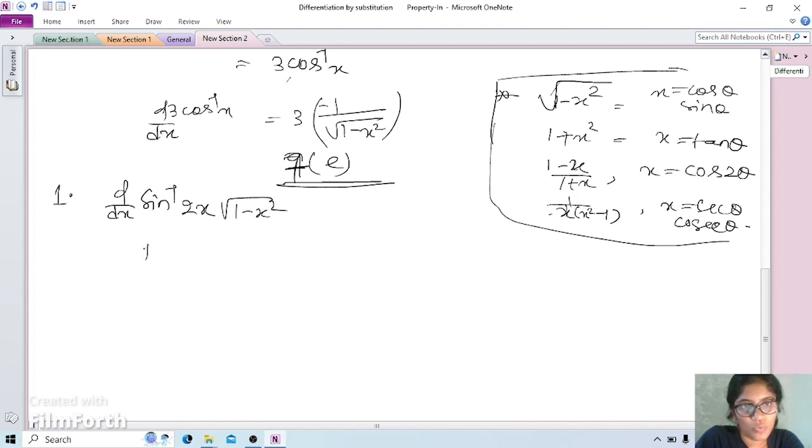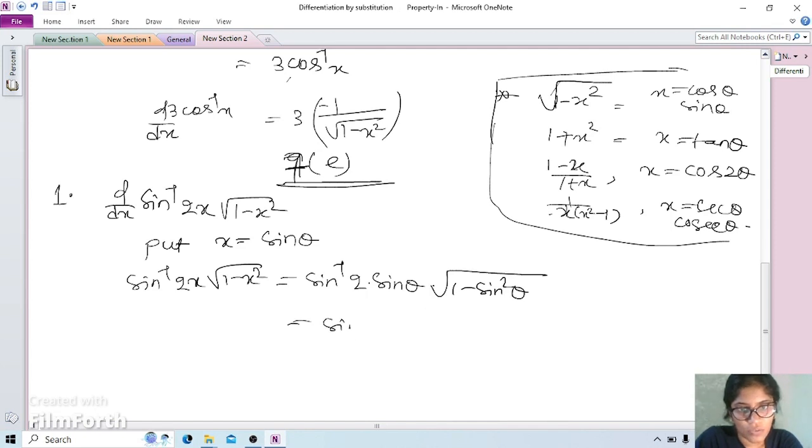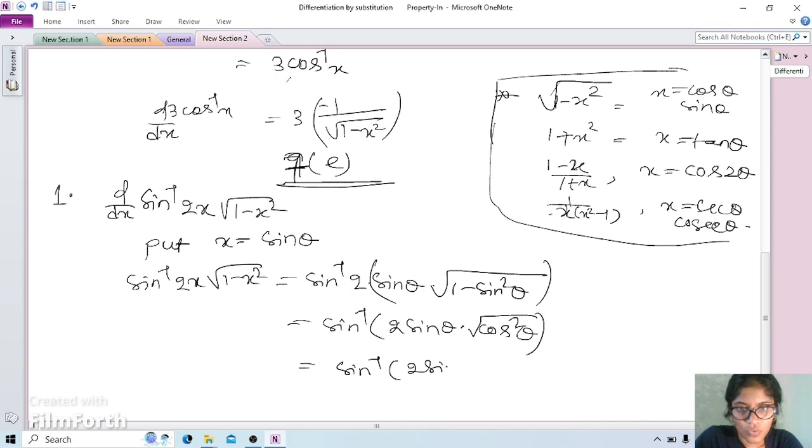Now put x equal to sin theta. Then sin inverse of 2x into root of 1 minus x square becomes sin inverse of 2 into sin theta into root of 1 minus sin square theta, which is sin inverse of 2 sin theta into root of cos square theta, equal to cos theta.